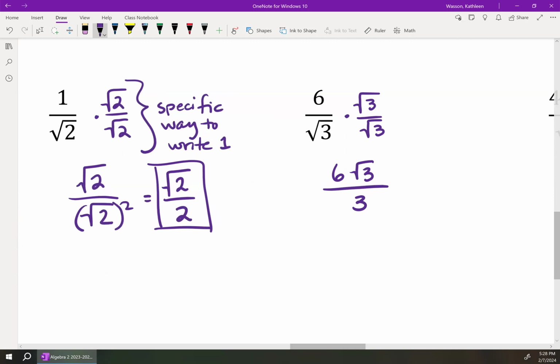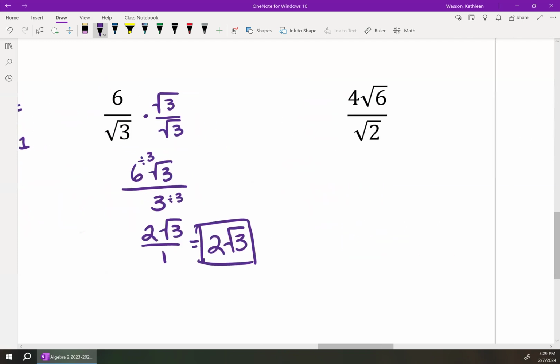Our last step is simplify if possible. And I can simplify this. If I divide the numerator, the whole number, by 3, the integer, and I also divide this denominator by 3, then this can be written as 2 square root of 3 over 1, which is 2 square root 3. It's no longer a fraction at all.